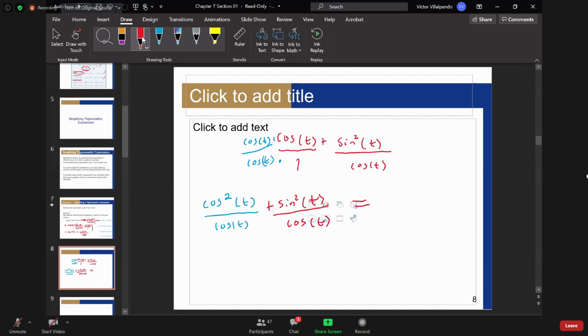Now that they have the same denominator, I can rewrite this as one fraction. I'm just going to bring the two numerators together and respect it as a plus between them. So this would be cosine squared plus, oh, don't forget my variable, plus sine squared of t.